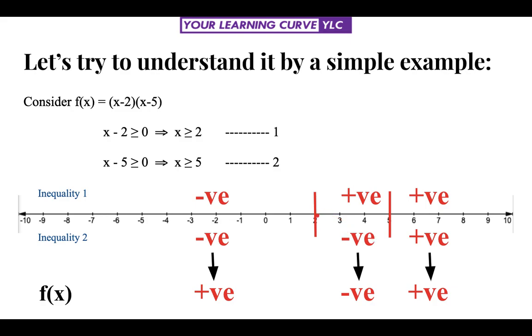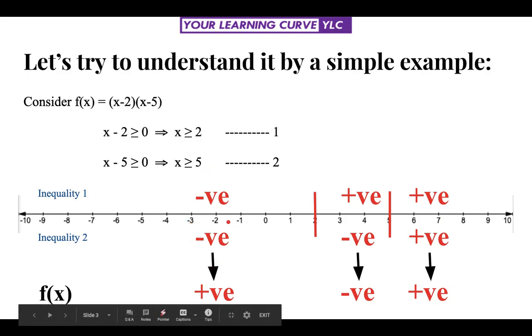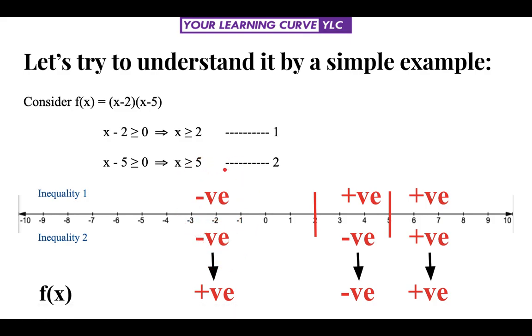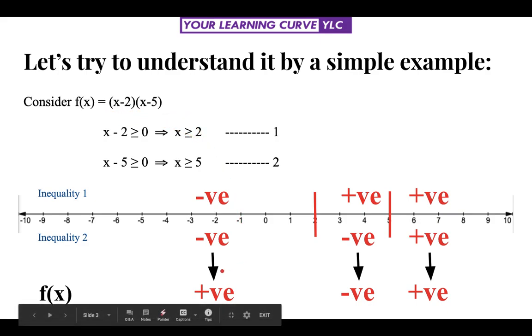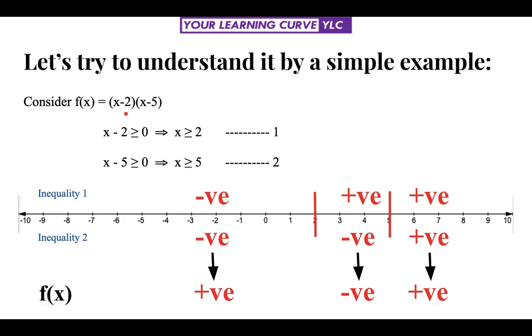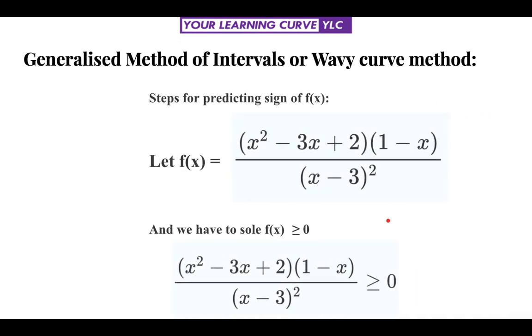Now as x reduces, it will cross 2, and below 2 we observe that both x minus 2 and x minus 5 are negative. Two negative numbers multiplied give a positive result. So we can say that f(x) will be positive for minus infinity to 2, then from 2 to 5 it will be negative, and from 5 to infinity it will again be positive.